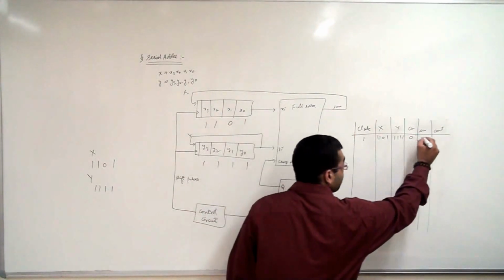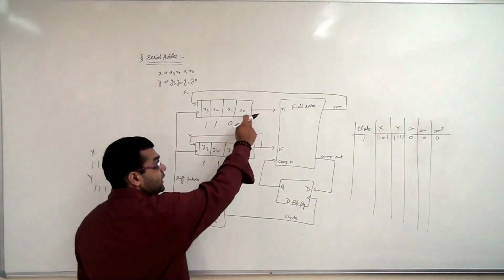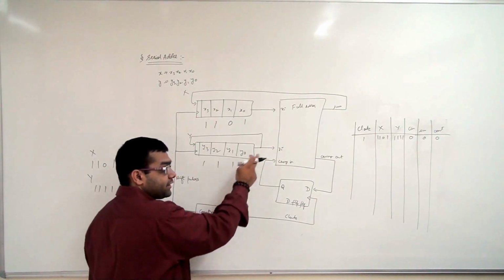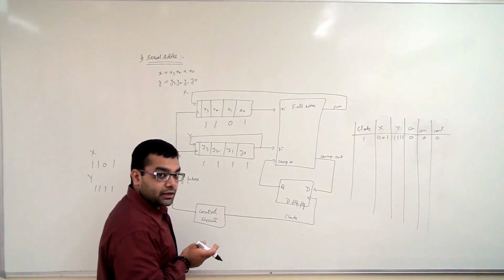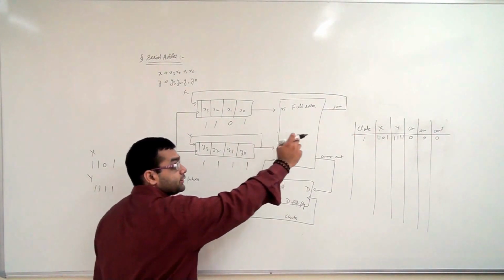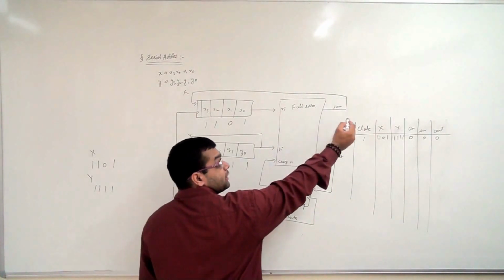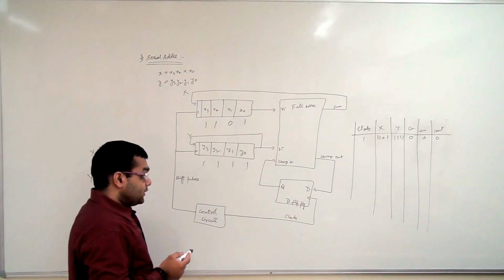initially, this is the configuration of the system. At every stage, the x0 bit from here, the y0 bit from here, and the carry bit, all three are added together. Whatever the output, that is the sum and the carry, the sum will be brought again into the X register. How?